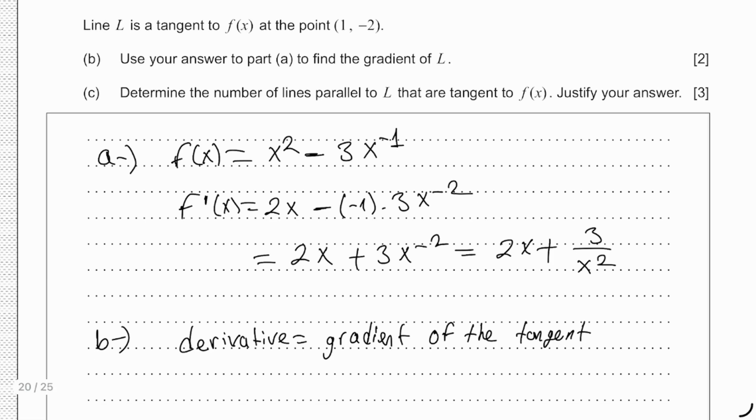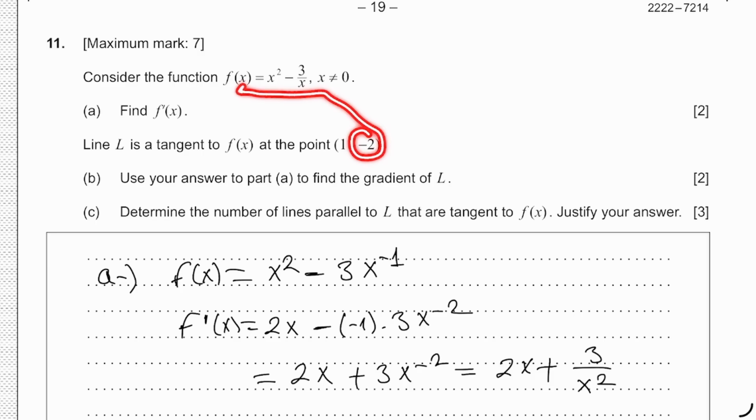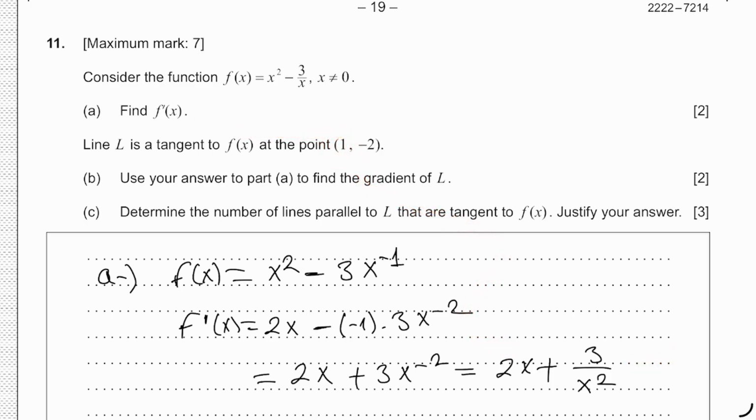So if I put 1 into the f function, I'm gonna find -2, right? But if I substitute 1 into the derivative function, I'm gonna find the gradient of the tangent, which is here. So that's why they ask to find the gradient.